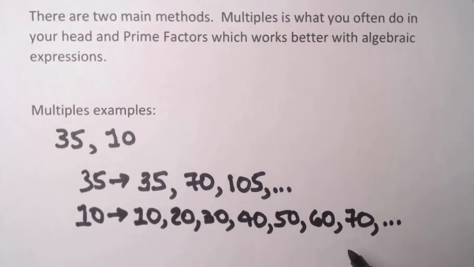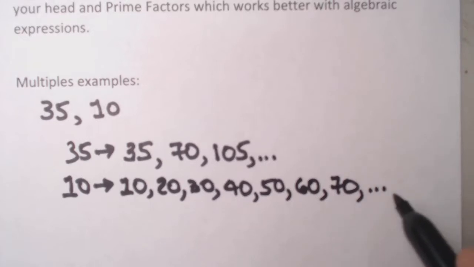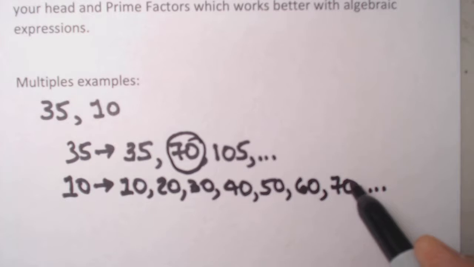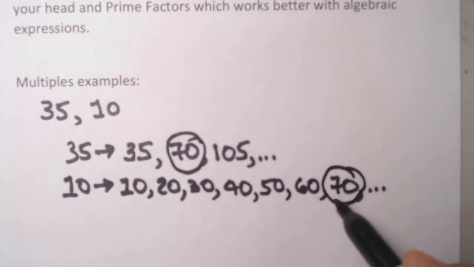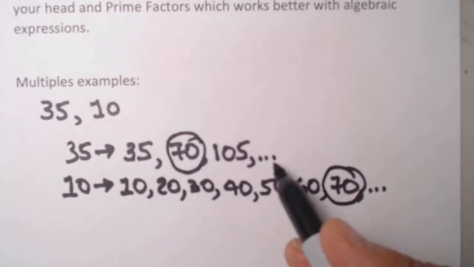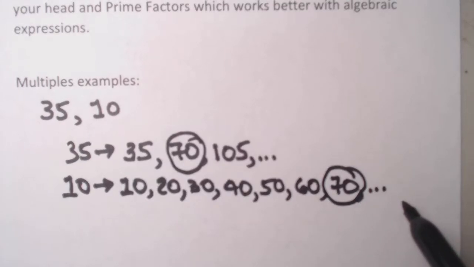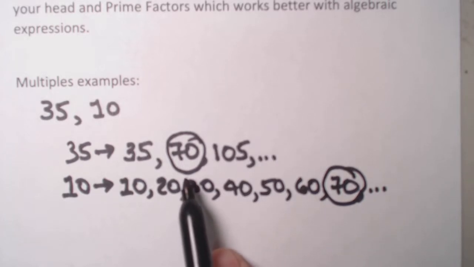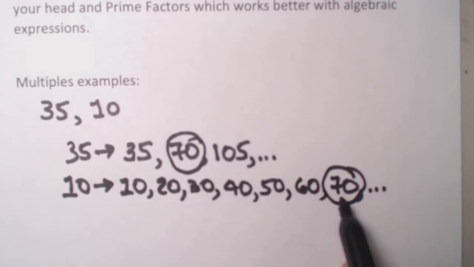But what you notice here is that we've now hit a common number in both of these multiple lists. 70, it's the lowest one in each. If you continue these lists, you'd hit other multiples, but they'd be higher, and that's not what we want. So our LCM or LCD, if these were in fractions, would be 70.